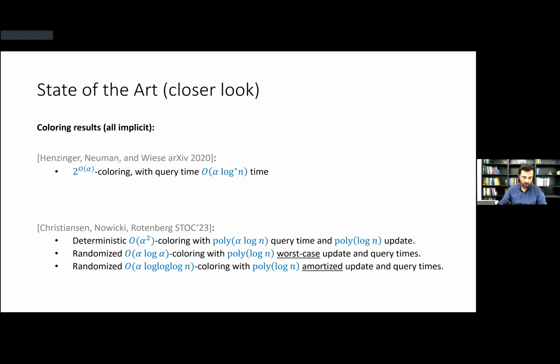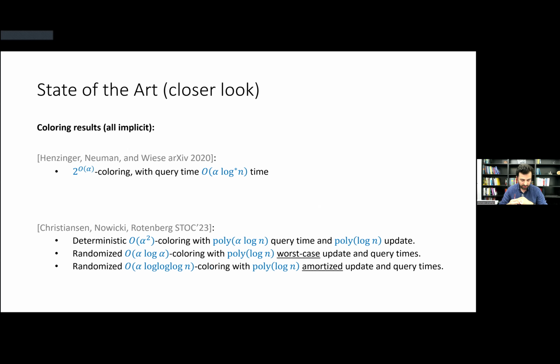Okay. Now, having said that, especially with that dynamic algorithm for orientation, what colorings were known? There is a work from 2020 by Henzinger, Neumann, and Wiese, where they get a coloring with 2 to the order of alpha colors, where the query time is roughly alpha times log star, and the update time is polylog n, of course.